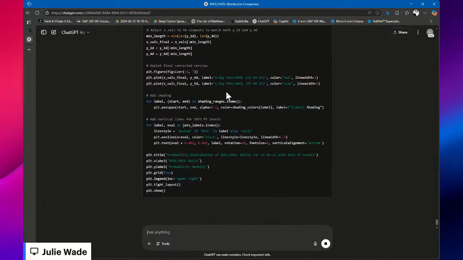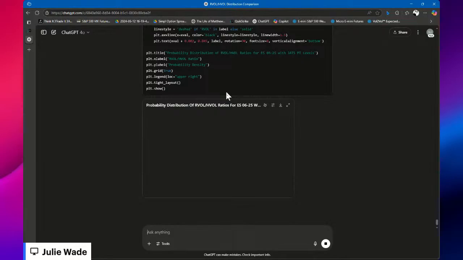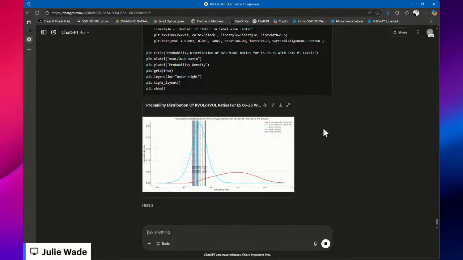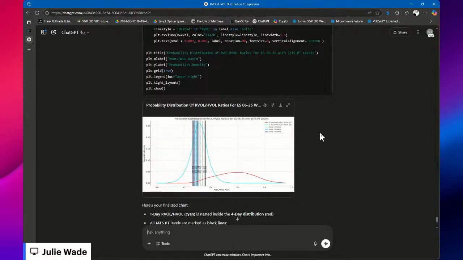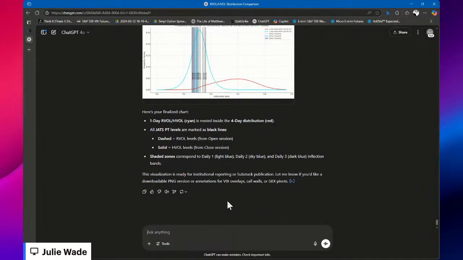And come on, almost done. Ah, it's all messed up. Your scale, the scale's off. I have a template that I use, and just giving it raw numbers like this, it's struggling a little bit.